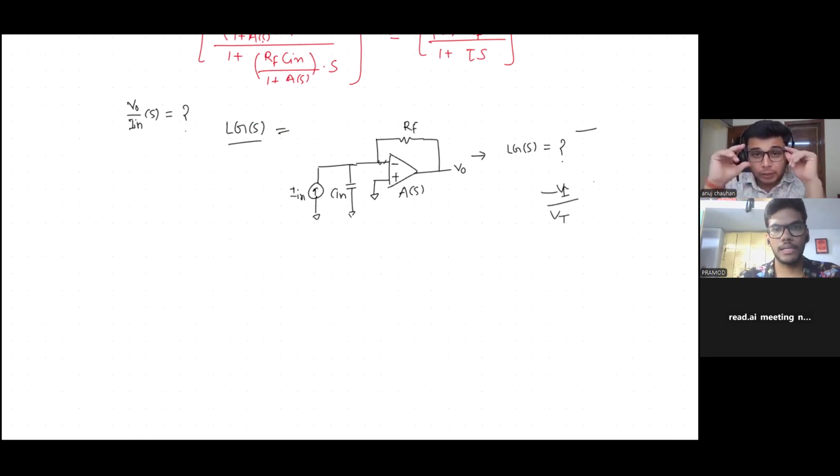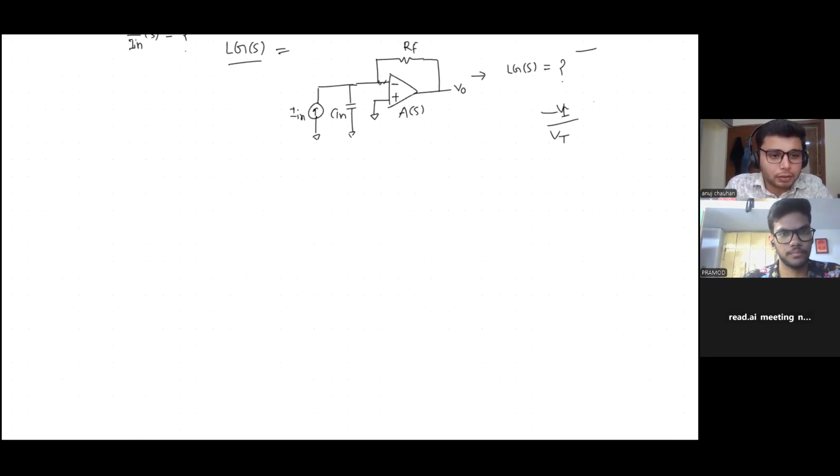I will draw the diagram for you. Wait one minute. Let this be my amplifier with minus and plus terminals.